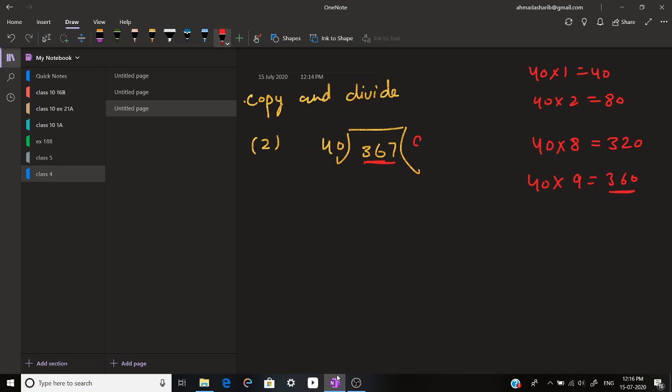So we will read the table till 9. So 40 nines are 360. Now 7 is your remainder. So this is the answer. Okay. So the quotient is 9 and remainder is 7. That's it. In the same way, you will do all the given questions.